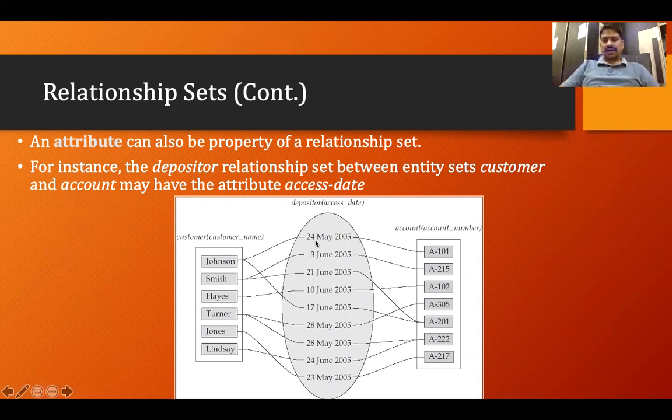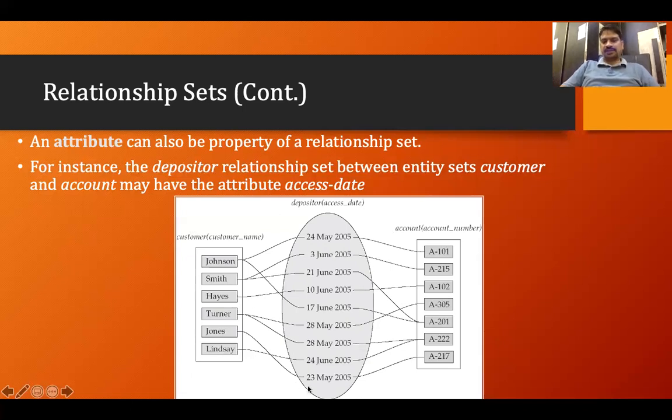On one day it is depositing into account A101, and on another day into account A201. Getting it? So what is the relationship between customers and accounts? It will be many-to-many. Why? Because one is associated with many, and here also one is associated with many. So it will be a many-to-many relationship.